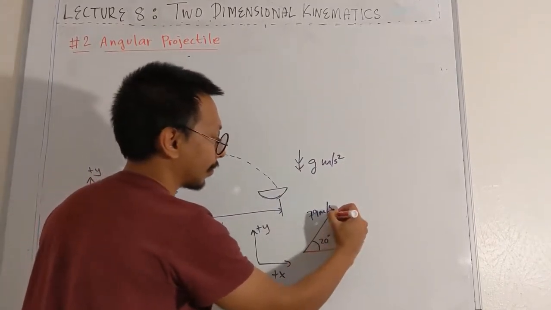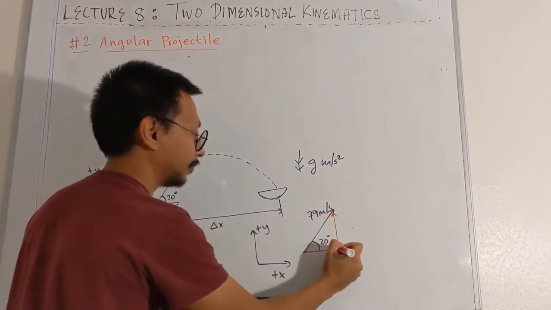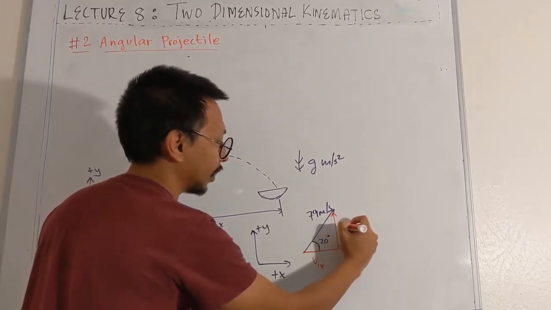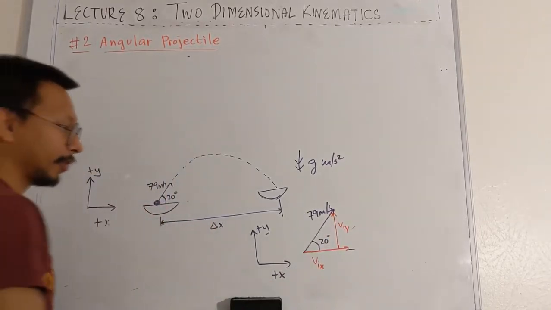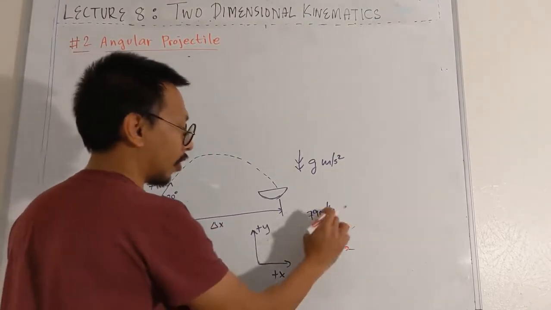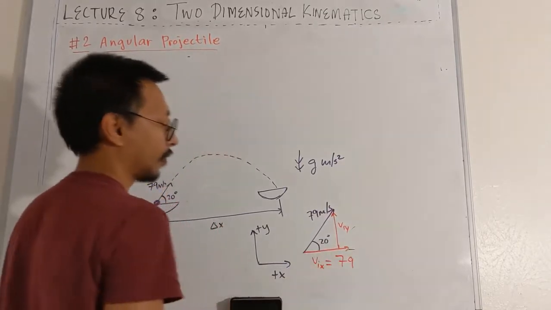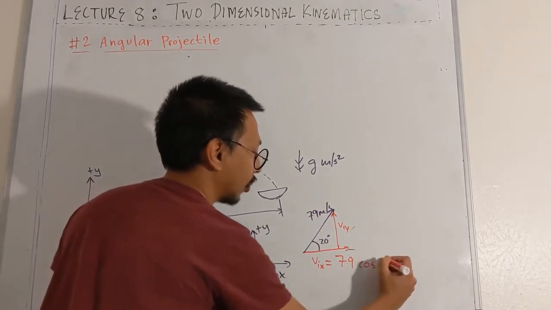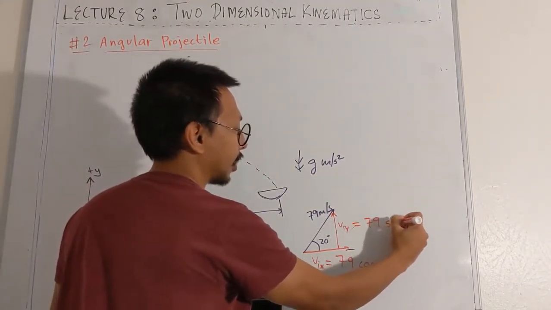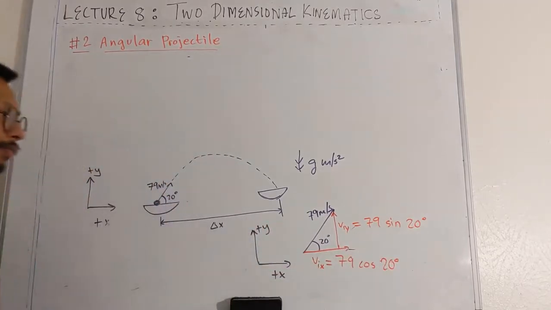It's tilted up, so the y component would be that. We will call this Vix and this Viy, and using trigonometry we can write down Vix is the magnitude of the vector, which is 79, times cosine of 20, and Viy is the magnitude times sine of 20.